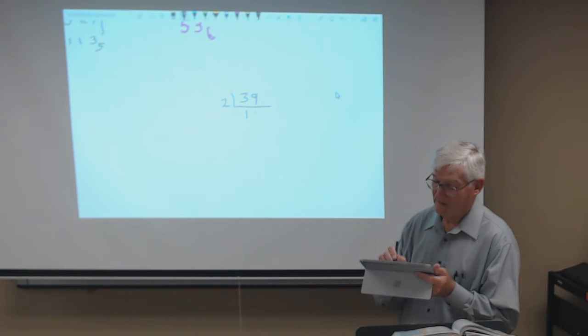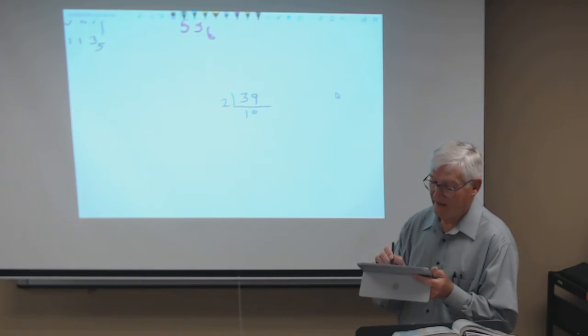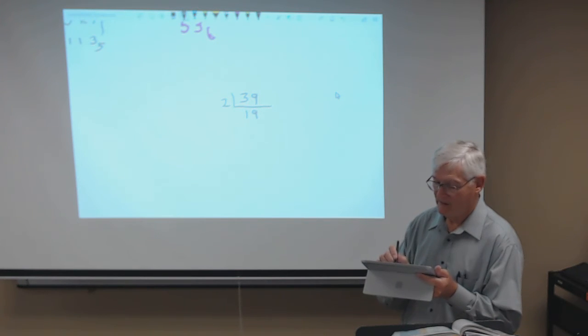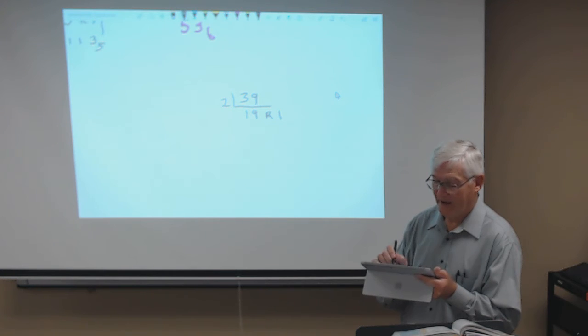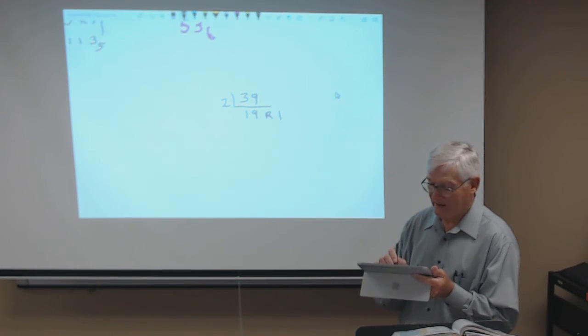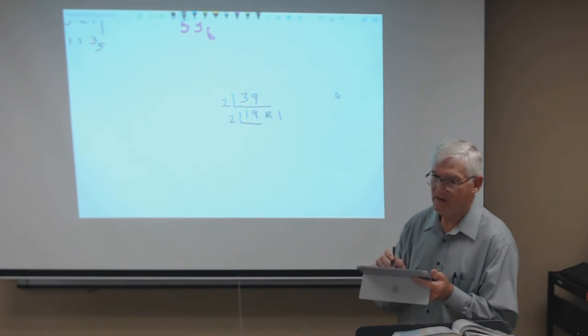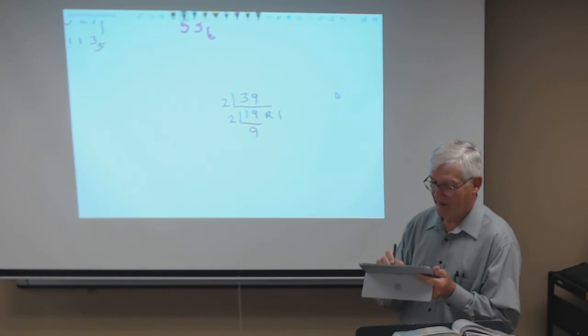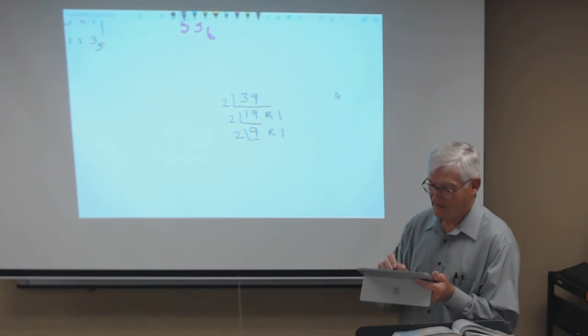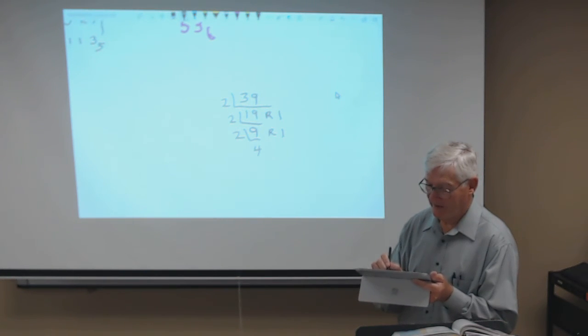19, right? What's 2 times 19? So it's 19 remainder 1. What's 19 divided by 2? 9 remainder 1. What's 9 divided by 2? 4 remainder 1.